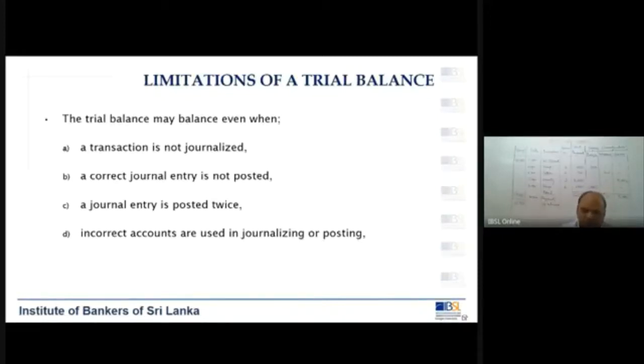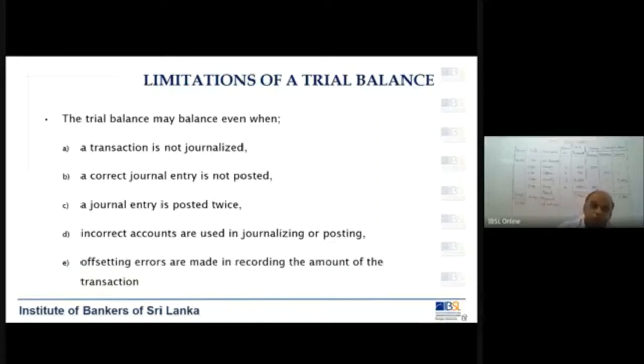But the moment the customer comes and tells you, look, I have given you money to be deposited to my account, but it has not gone in, then only you will go and check. But that particular transaction, posting it to a wrong account, will not have any impact on your trial balance. There is no issue with regard to the trial balance by posting a transaction to an incorrect account.